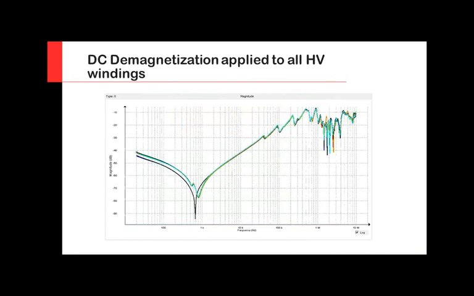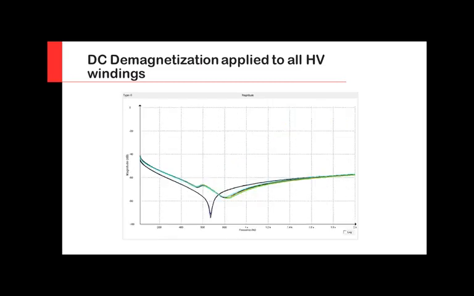So if you see here, now that we have demagnetized the system, spending 3 times the time that we needed only for one single intermediate leg of the transformer, and we're looking at all the high voltage windings, you can see on the response that we're getting, those are more or less the same, right? It's overlapping one on top of the other for the symmetrical phases, and it looks like overlapping perfectly also on the non-symmetrical phase. Let's look at this in more detail.